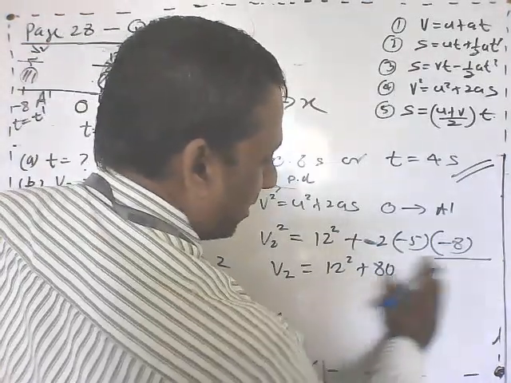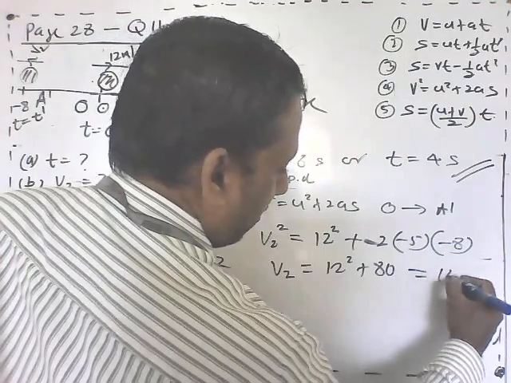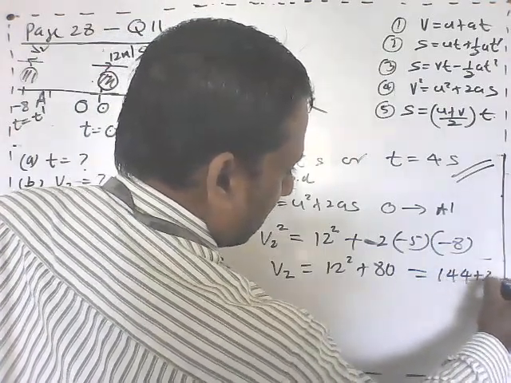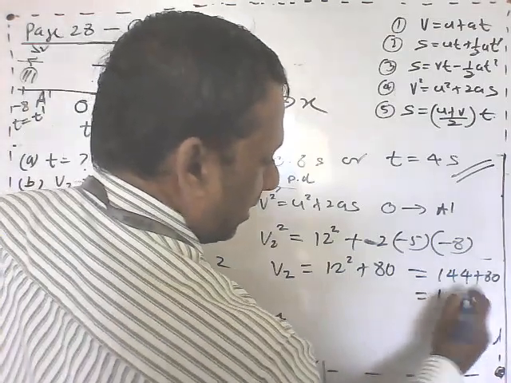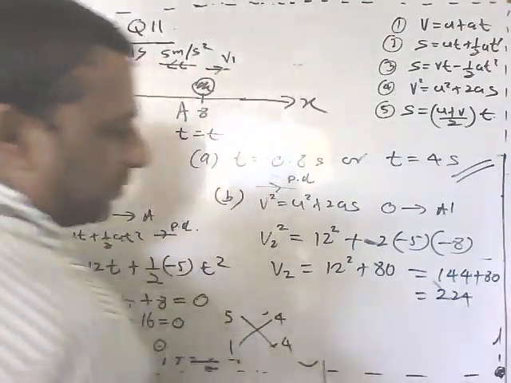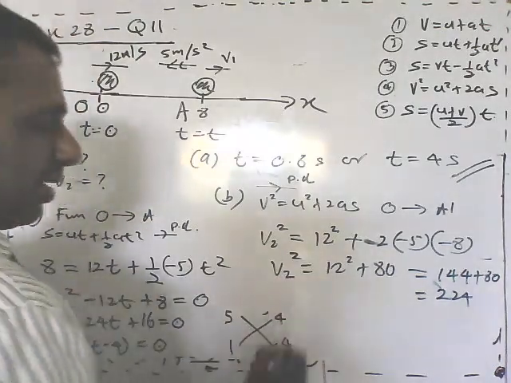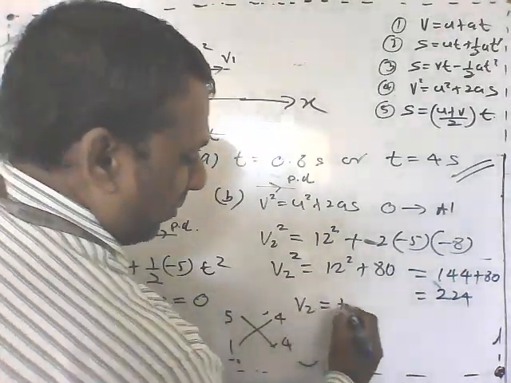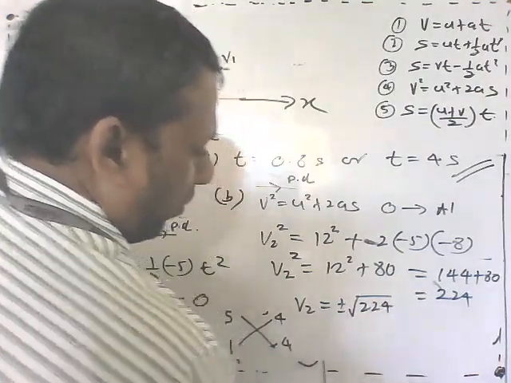So here we actually get plus or minus. V squared is equal to 144 plus 80, that is 224. So v2 squared is 224, then v2 is equal to plus or minus square root of 224.